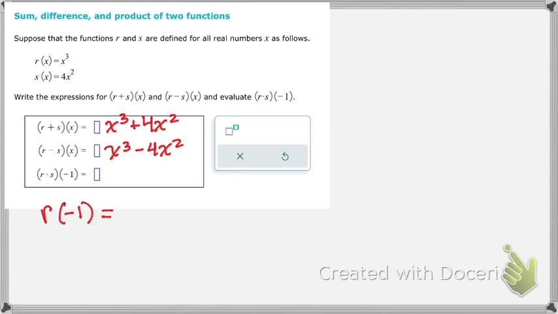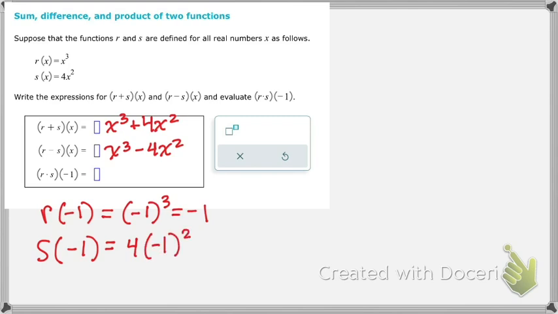What's that going to be? That's going to be -1 cubed, and -1 cubed is -1. And then I do separately s of -1. That's plugging a -1 into the function s, which will be 4 times -1 squared. -1 squared is +1, times 4 is 4.